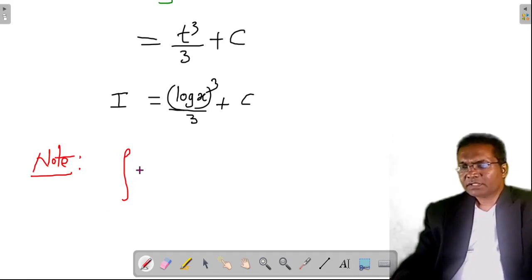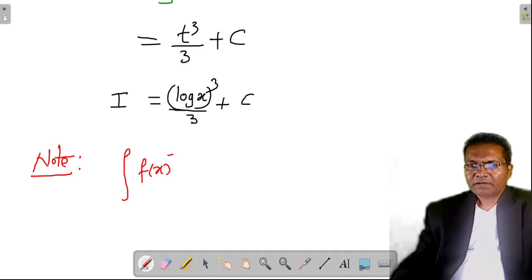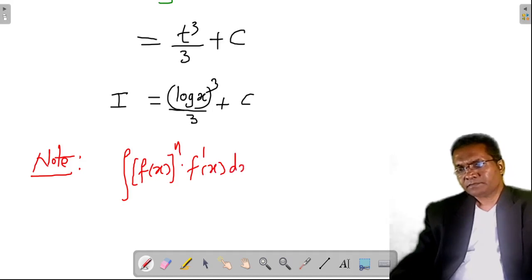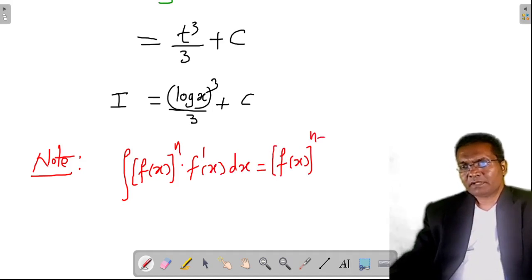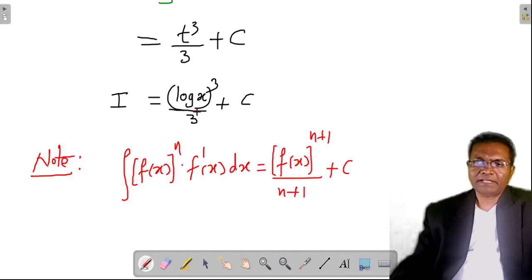If you find integration of something like f of x power n, and its derivative is somewhere here, you can write it as f of x power n plus 1 by n plus 1 plus c. So the same thing happened here.